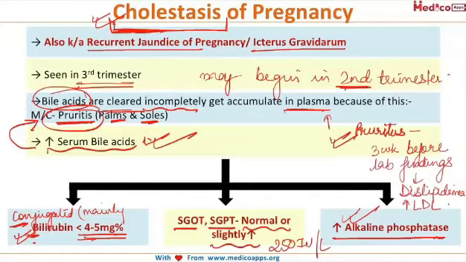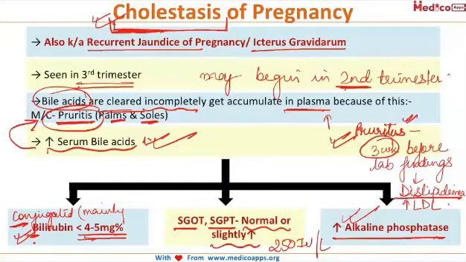Now if we talk about the order of appearance of the findings specifically seen in cholestasis, usually the pruritus precedes the lab findings by 3 weeks. That is, first the pruritus will come, and then usually after 2 to 3 weeks the lab findings will start appearing. And among the lab findings, the first one to appear is dyslipidemia.